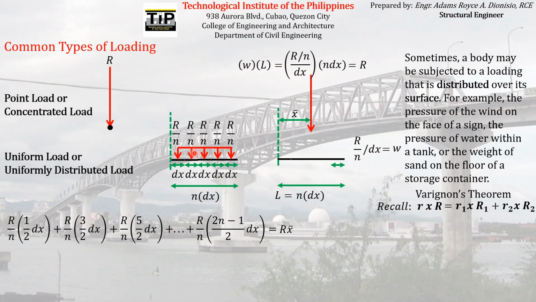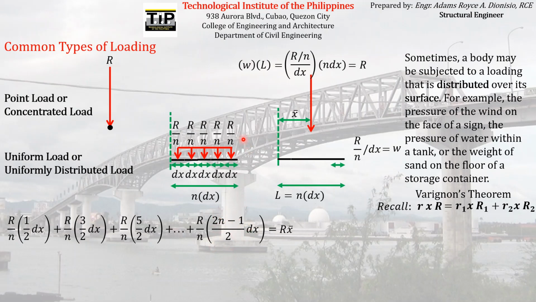Second moment is this, again, force times perpendicular distance. So, ano itong perpendicular distance na to? This is just dx plus kalahati ng dx. So, 1 plus 1 half is equal to 3 halves dx. And so on. Kung sundin mo lang yung pattern, makakarating ka dito sa dulo.